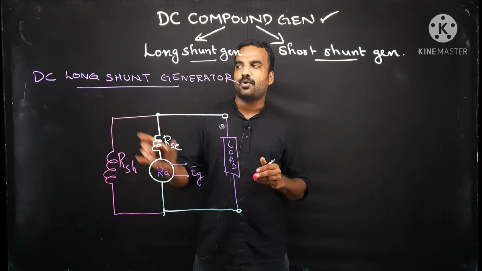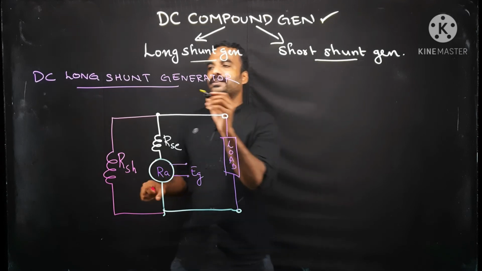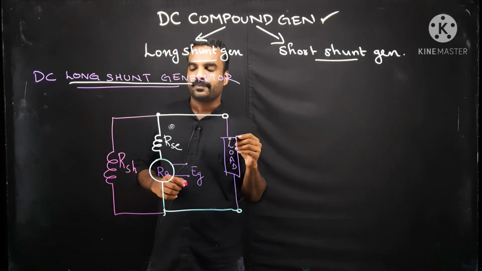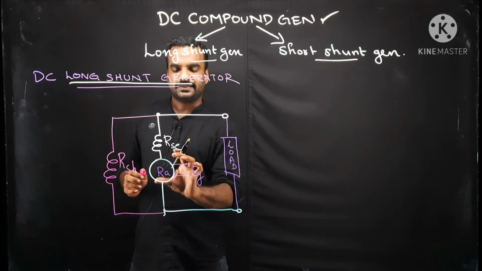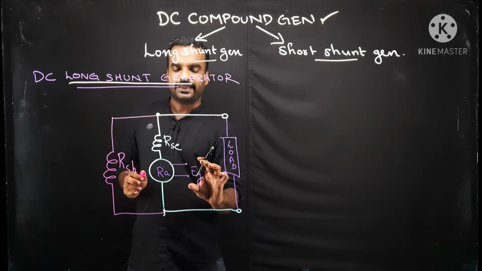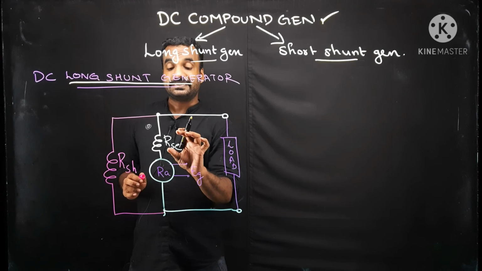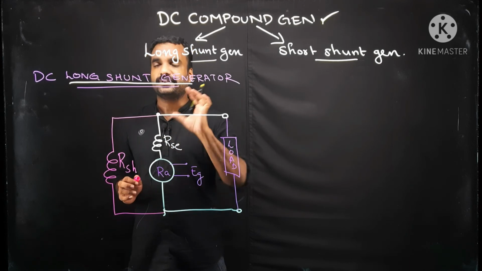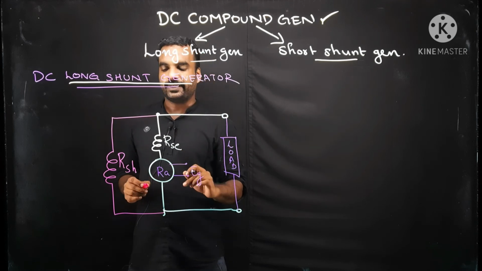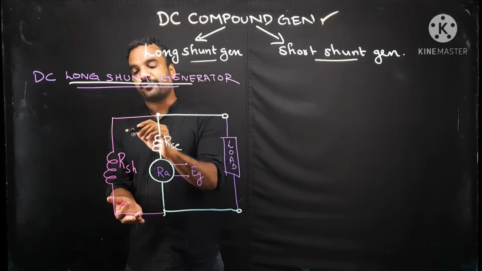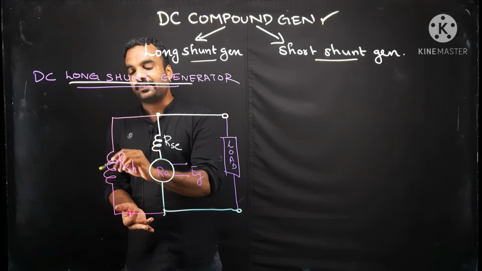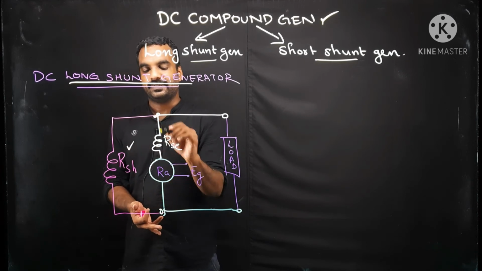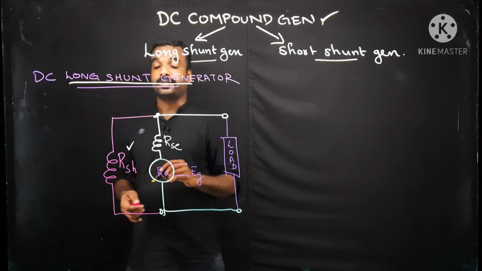This is the figure of a DC long shunt generator. So we are discussing the DC long shunt generator initially. This is the armature winding RA, this is the EG terminals. This is the series field winding, a portion of the field winding connected in series with the armature. Another portion of the field winding is connected in parallel with the armature, that is the shunt field winding.